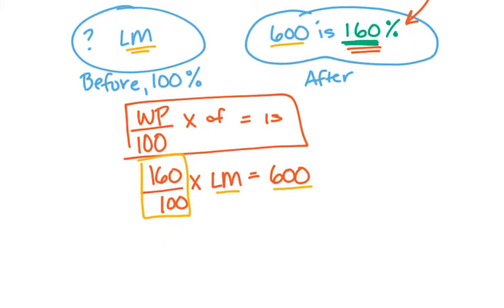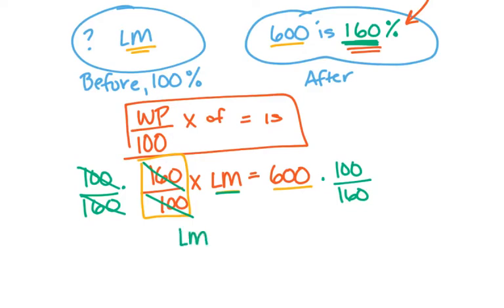So we're using all the given information, and again what we're searching for is last month. To solve this, to get the LM by itself, I'm going to multiply by 100 over 160 so that those cross out. And of course I need to do that on both sides of the equation. So I can cross out the 100s, cross out 160, and I'm left with LM on one side.